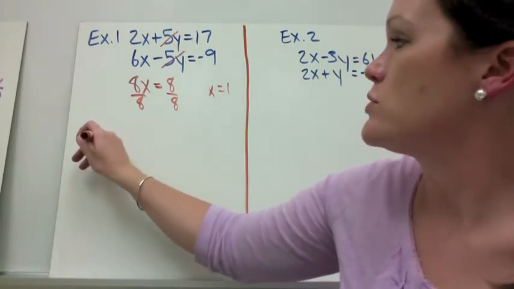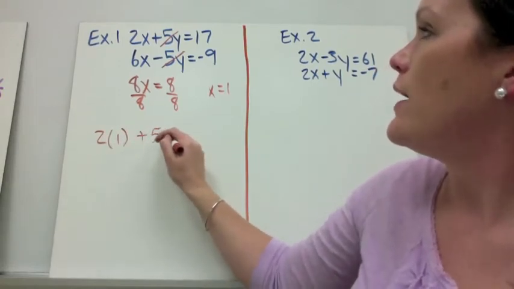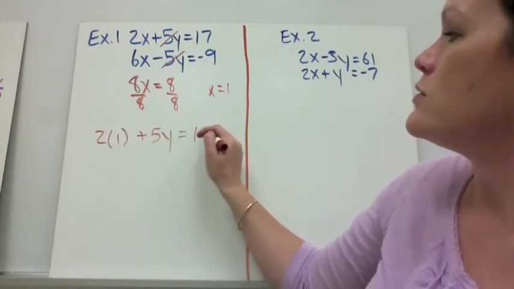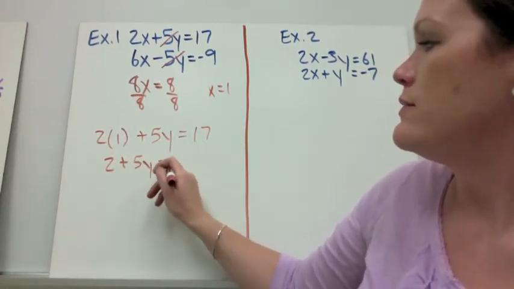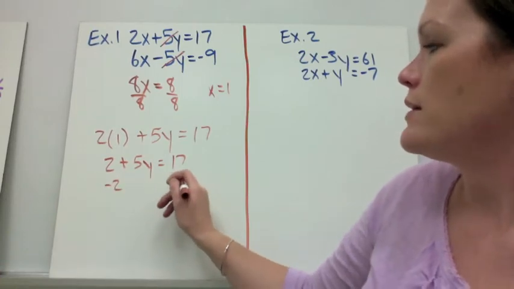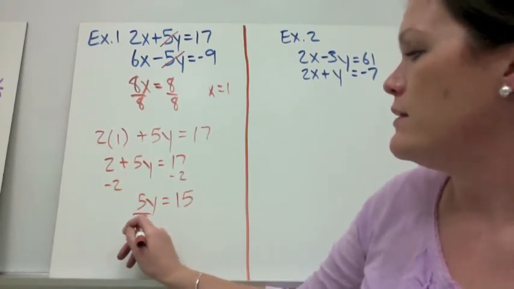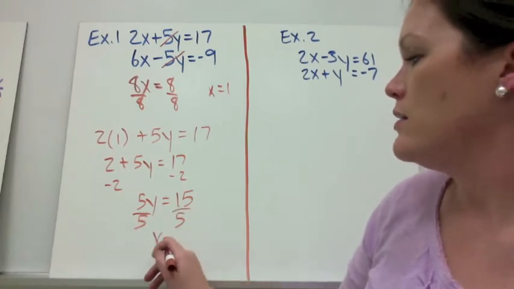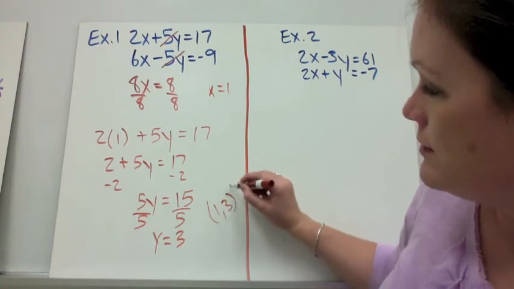I'm going to choose the first one: 2 times 1 plus 5 times y equals 17. So 2 plus 5y equals 17. Subtract the 2, so 5y equals 15. Divide by 5, so y equals 3. So my solution is (1, 3).